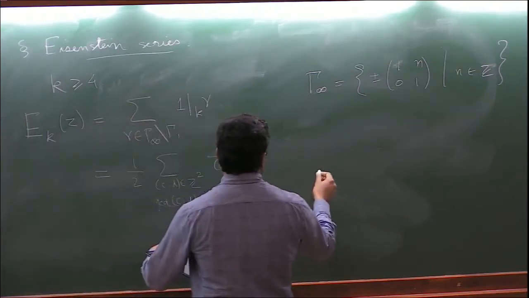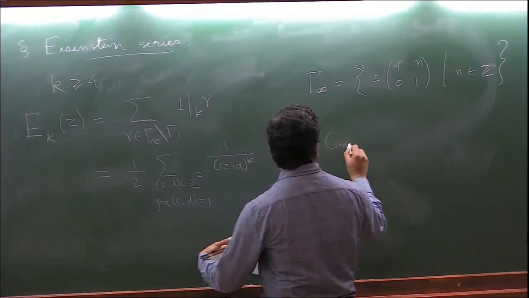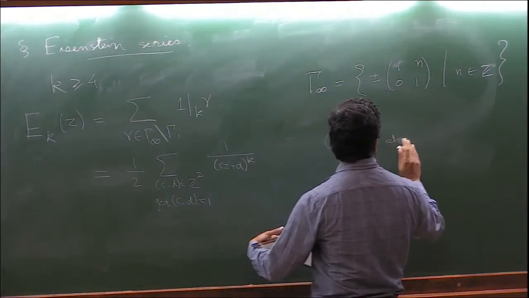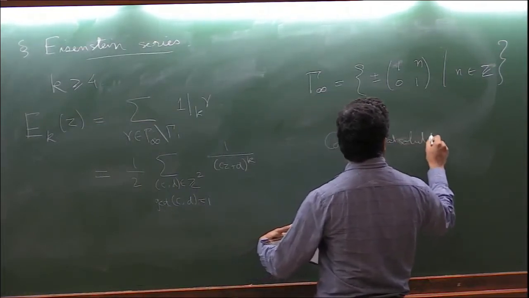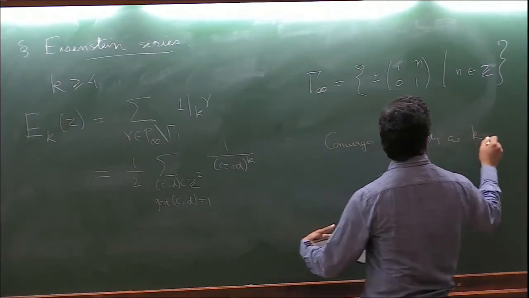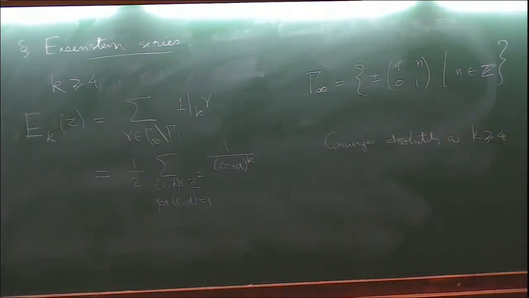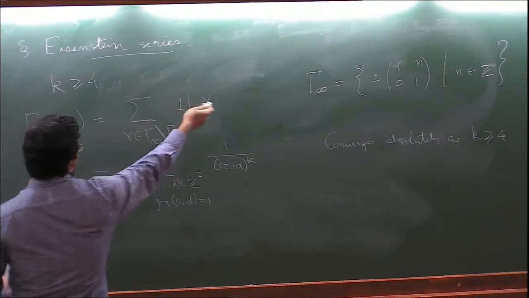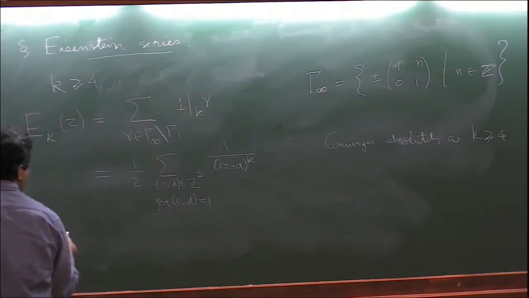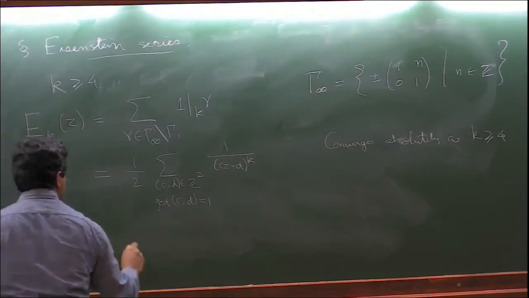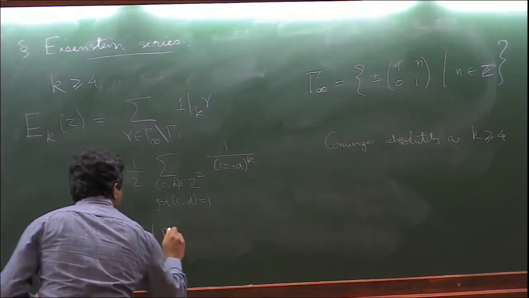And this converges as k is bigger than or equal to 4. There is a problem when k is equal to 2, and we'll come to that a little later. By virtue of the definition itself, you can see that E_k(z) belongs to M_k(gamma 1).